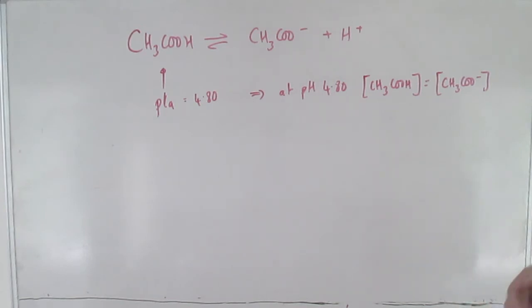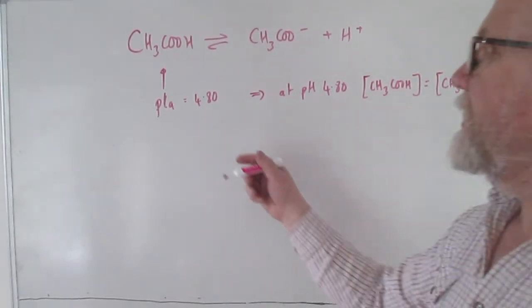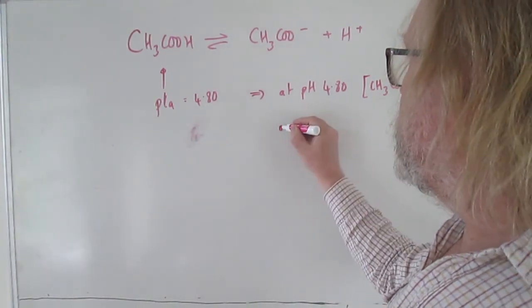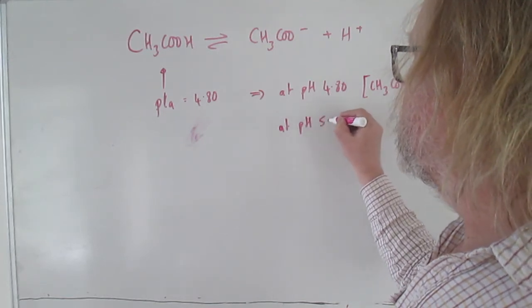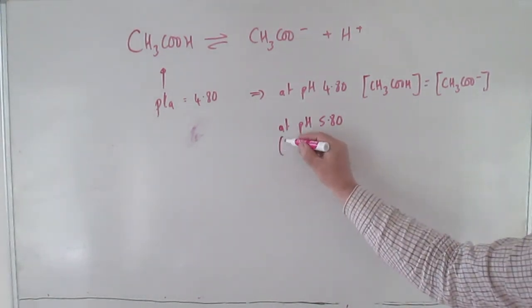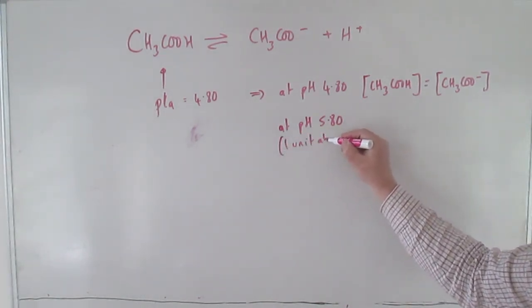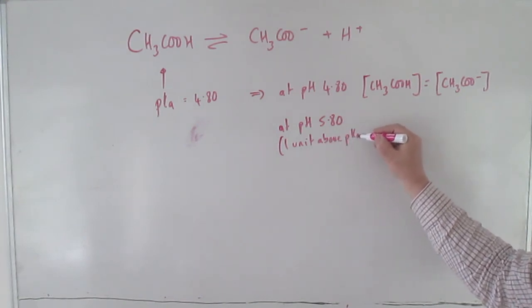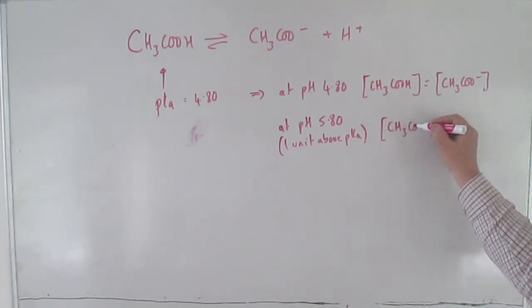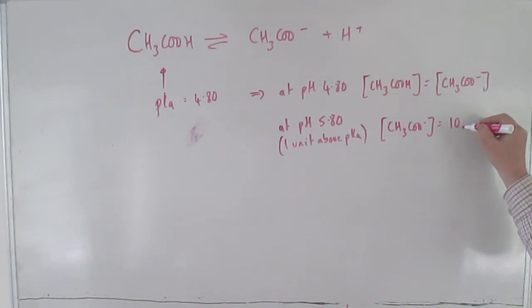Now if you play around with that pKa definition, you can soon discover that if you move one pH unit away from that, at pH 5.8, which is one pH unit higher, so 1 unit above pKa, you find that the concentration of conjugate base is 10 times the concentration of the free acid.